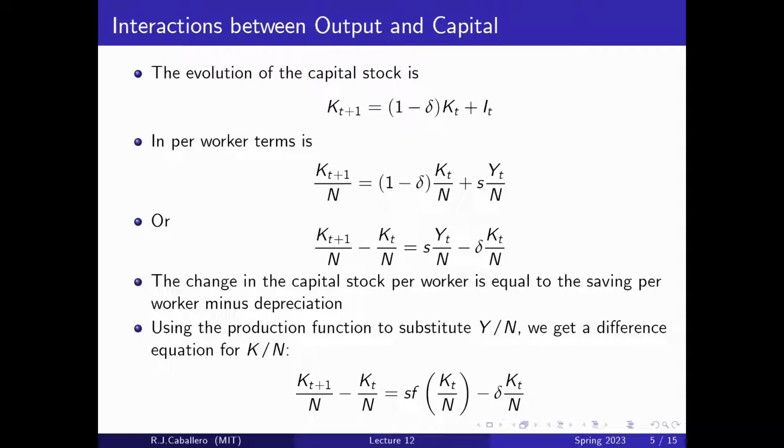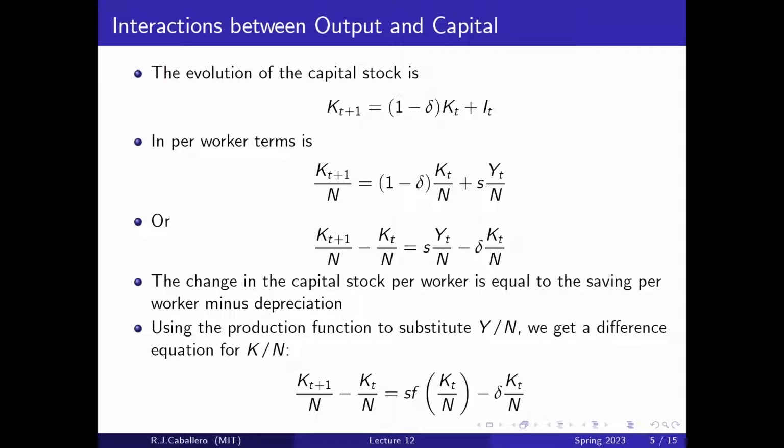But you see, this tells you the capital stock at t+1 is equal to the capital stock we had before minus what is depreciated of that stock of capital plus any new investment we do today. Okay? In per worker terms, and remember that for now I'm keeping population growth constant, equal to 0. So population is constant.